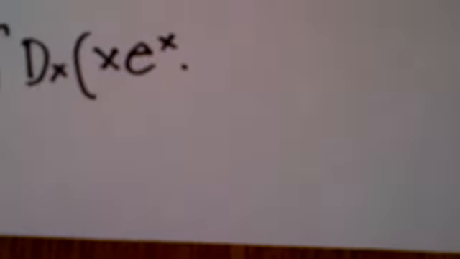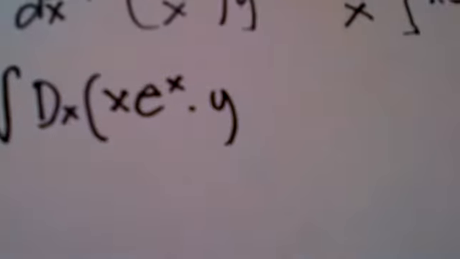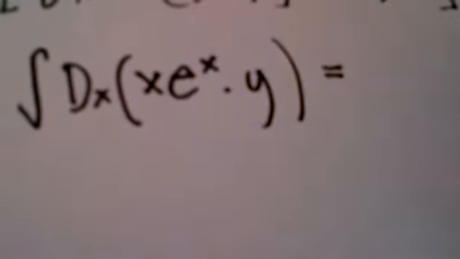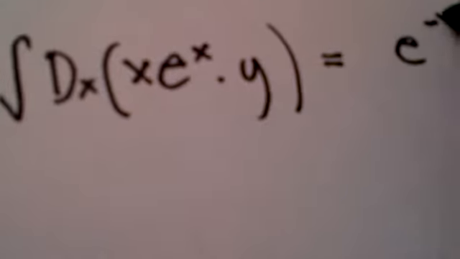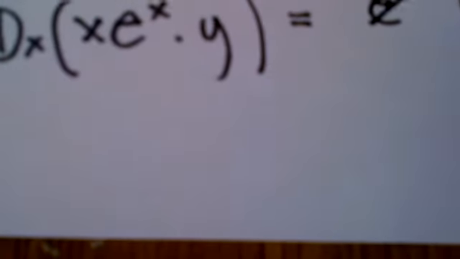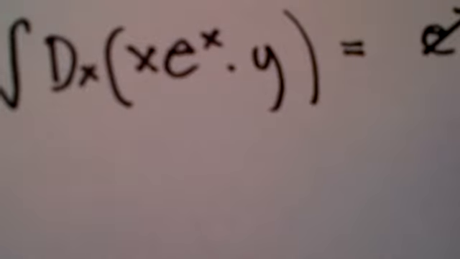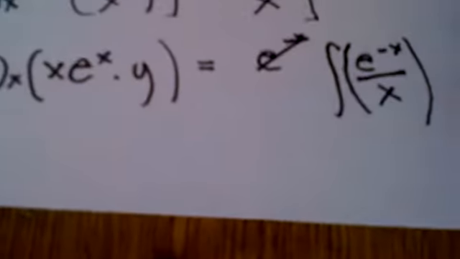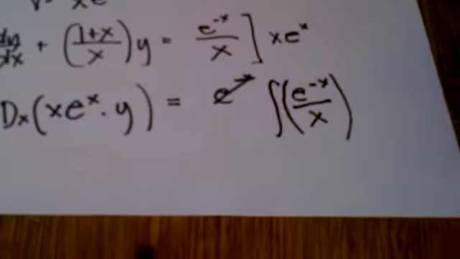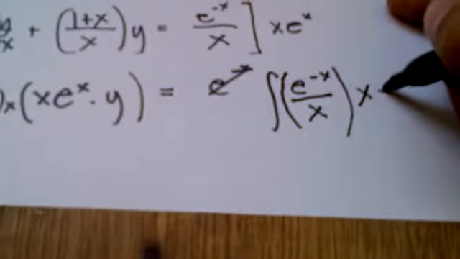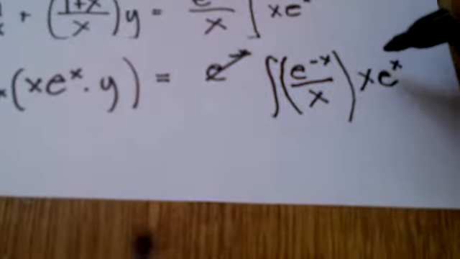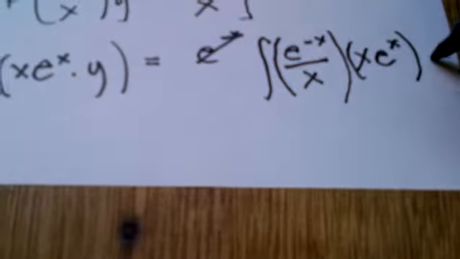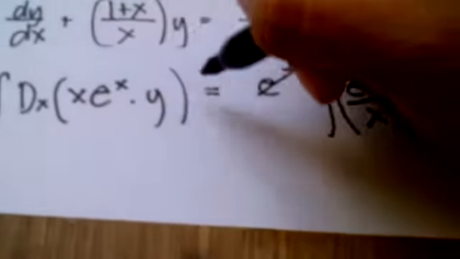So what's our dependent variable? Our dependent variable will be y, is equal to the integral of e to the negative x over x times x e to the x dx.